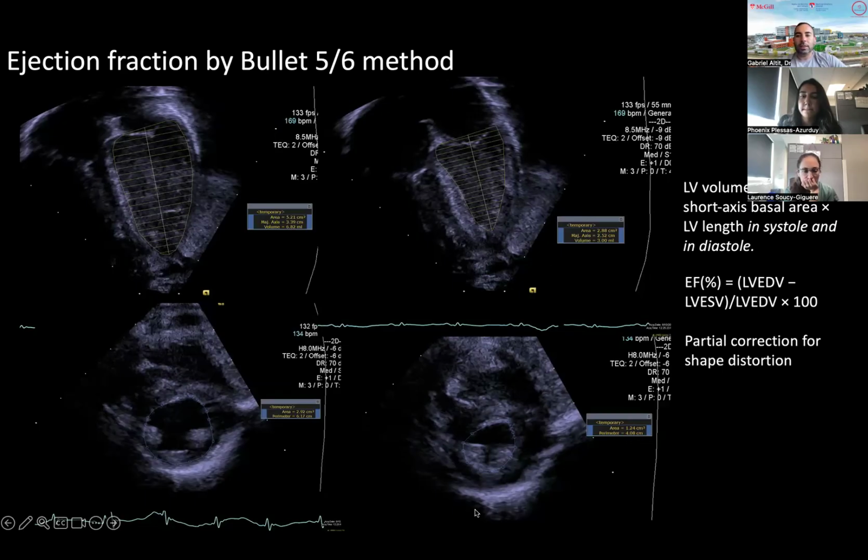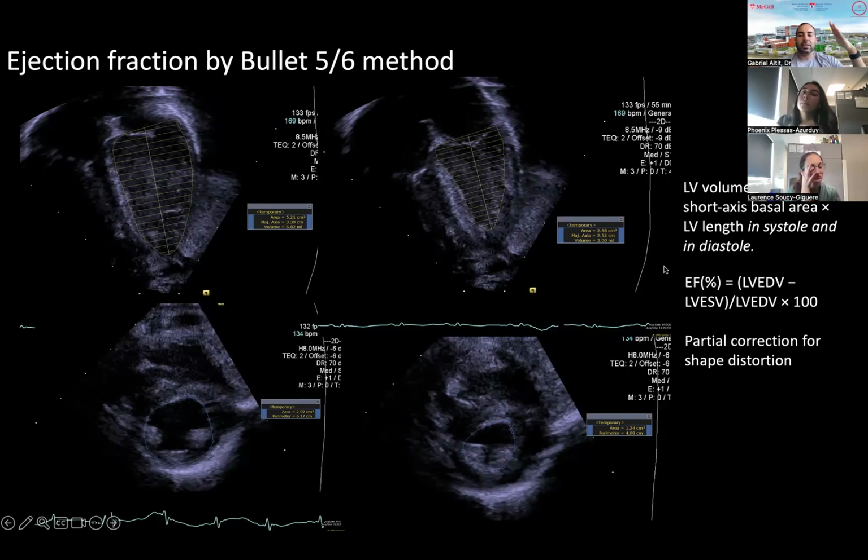And how it's calculated, basically for end diastolic volume, you take the length in diastole. So what's the biggest length of the left ventricle? You multiply this by the area, the short axis area, and you multiply by 5 divided by 6, and it gives you the LV end diastolic volume.